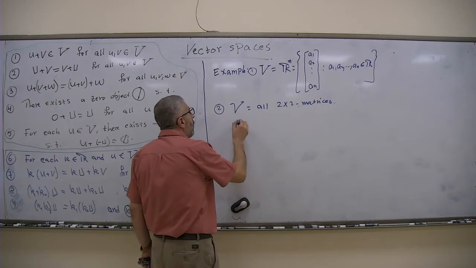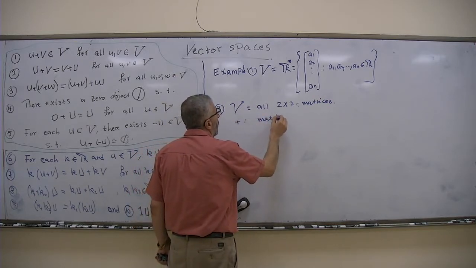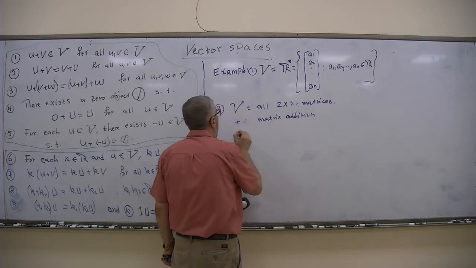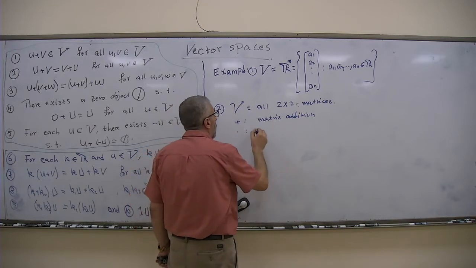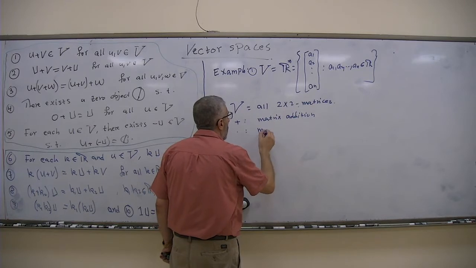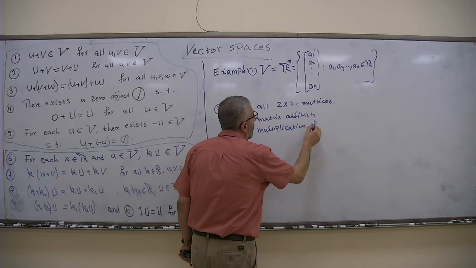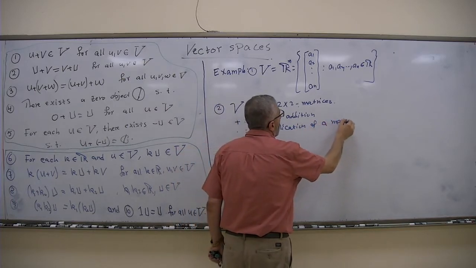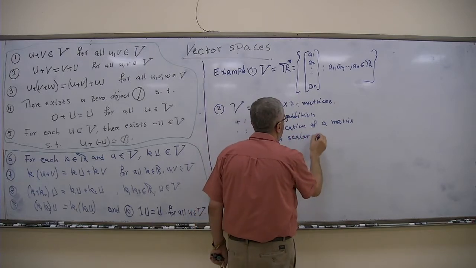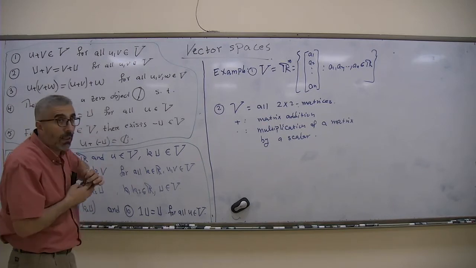Again here, my addition is matrix addition, and my scalar multiplication is multiplication of a matrix by a scalar. So let's go over those. Again, quickly we can do that.